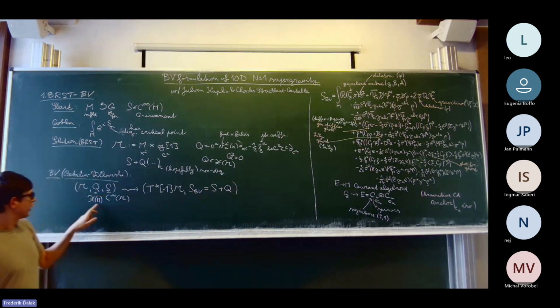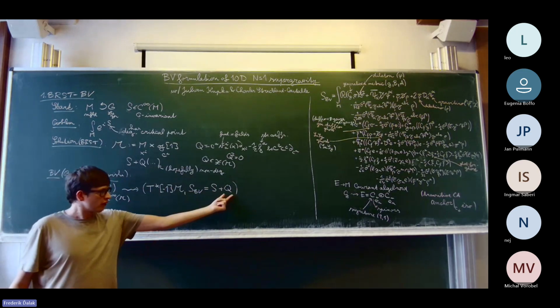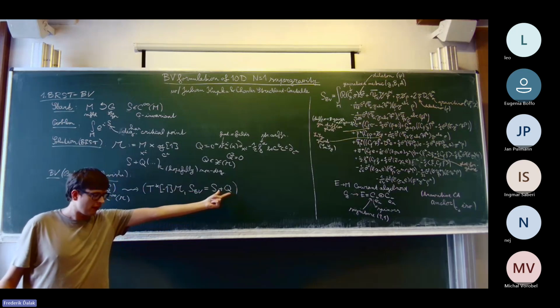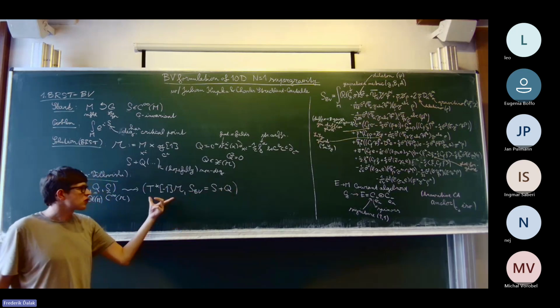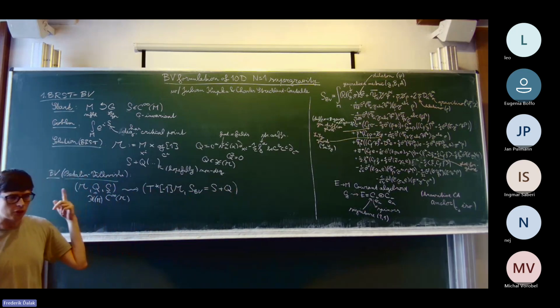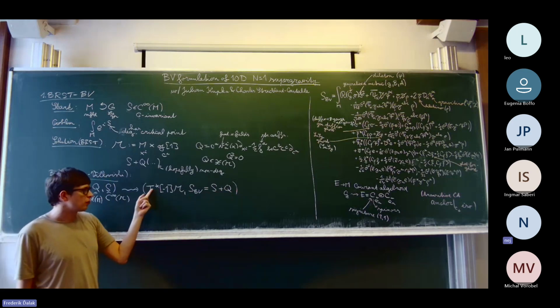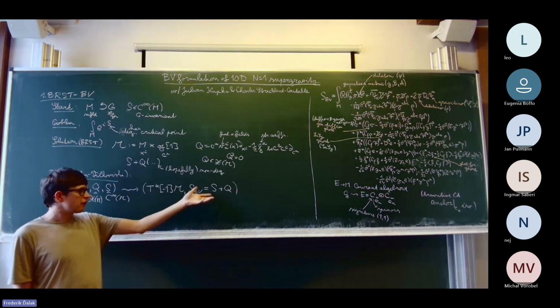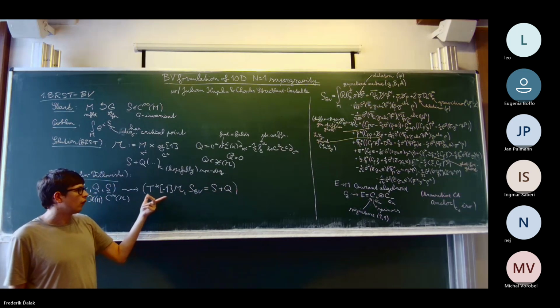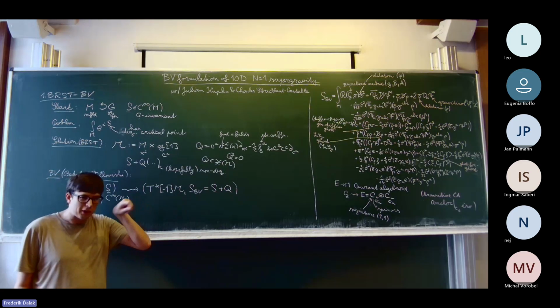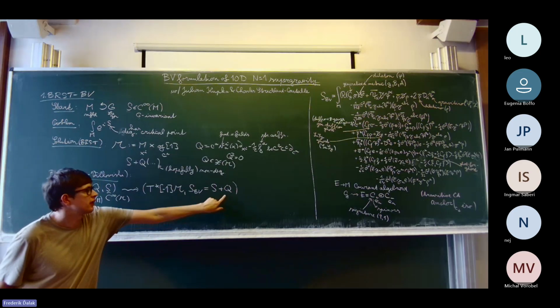Now vector fields, so Q was a vector field on the base, but vector fields on the base are a particular class of functions on the cotangent bundle. That's the meaning of the cotangent bundle. One interpretation of the cotangent bundle is that you have a vector field, and that gives you a linear function on this guy. You just replace partials by p's. That's the meaning of this one.